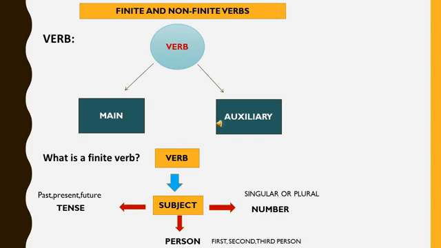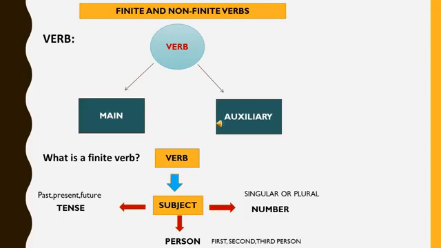Here is the question: what is a finite verb? Basically, a finite verb is a verb that has a finite or limited agreement with the subject. What does it mean? It limits its usage as per the subject's parameters. There are three defined parameters on which this limitation is fixed. First is tense, that is, the subject is performing the action in past, present or future.